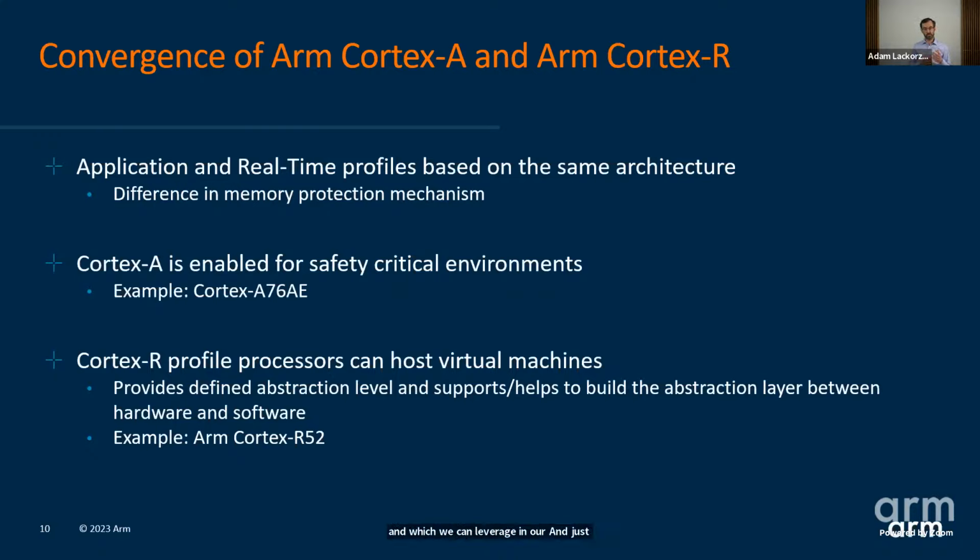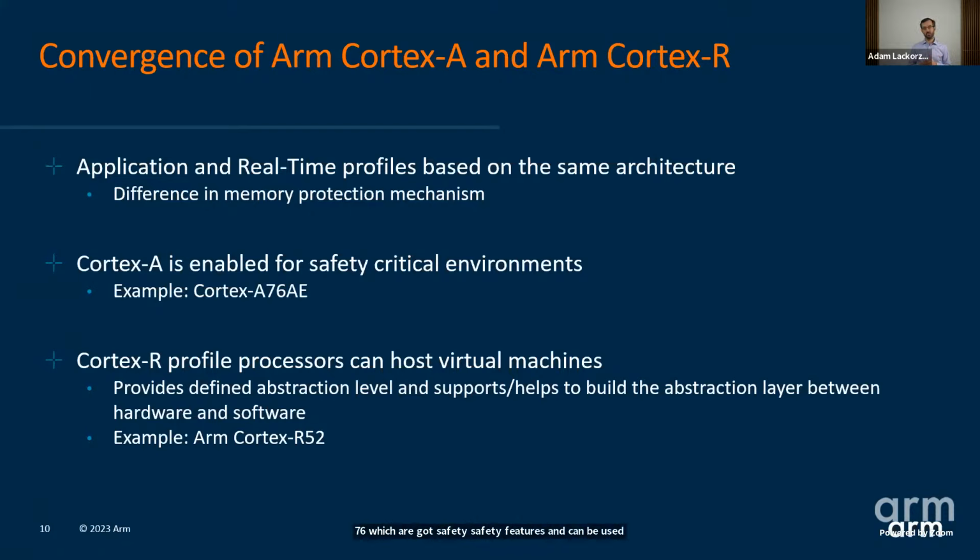And just to give you one example of each of the profiles. On the Cortex-A side, for example, there are the AE versions of the Cortex-A processors, with one example being the Cortex-A76, which has safety features and can be used in a safety environment.